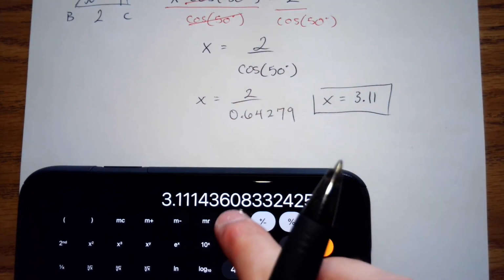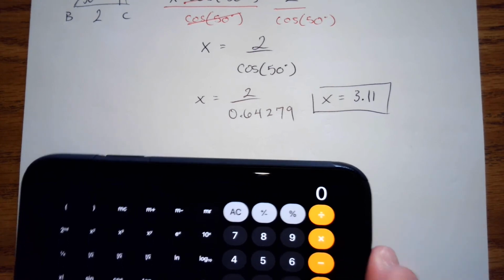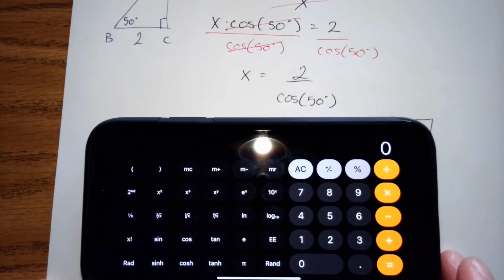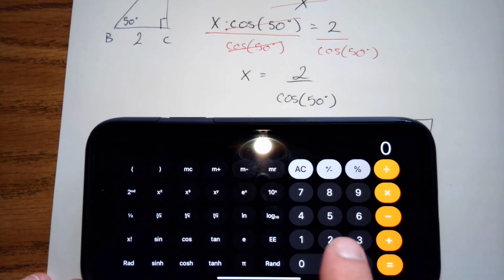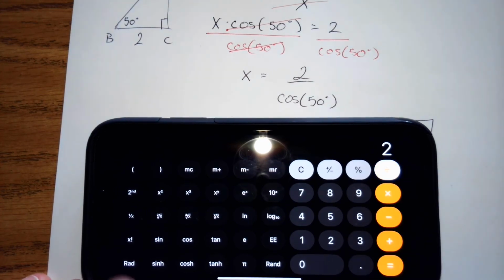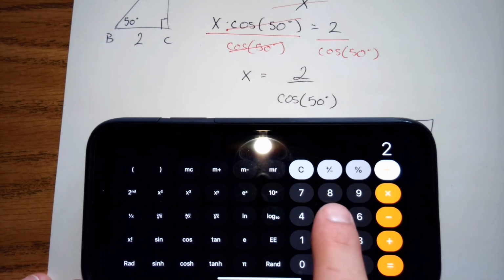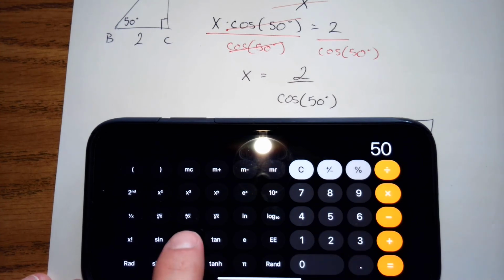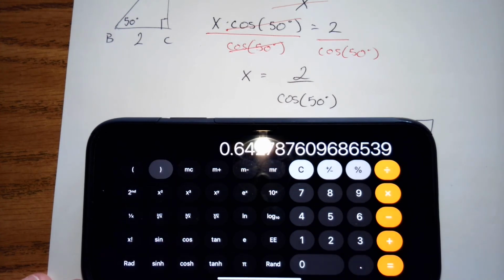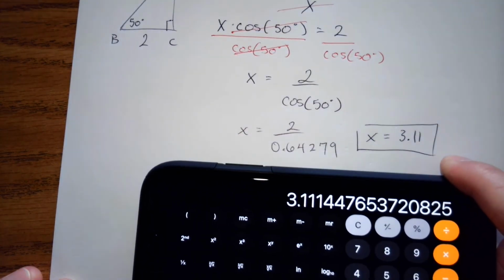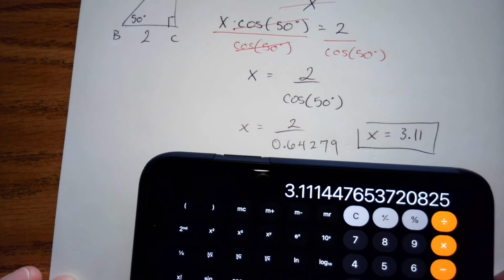Here's how I would do it on my calculator, just all in one step from here. So if I had 2 divided by cosine of 50, you could also do this. 2 divided by, and then parentheses, 50 cosine, close parentheses, equals. And it gives you the same thing.